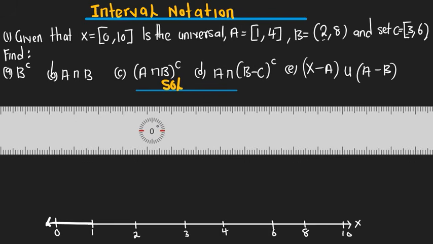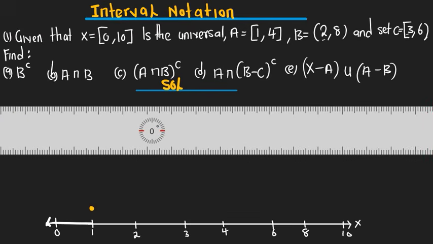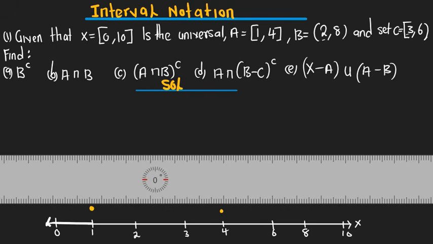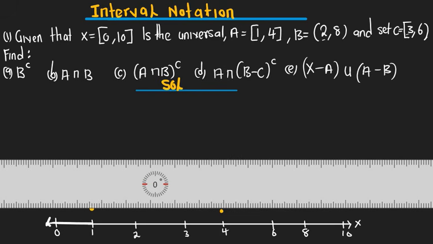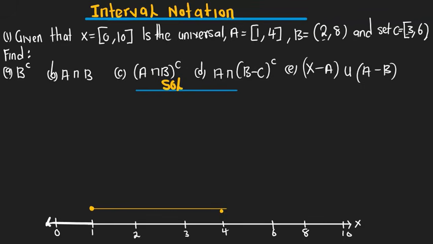We are closing the circle at A at 1, and also closing the circle at 4. Very good. So this becomes our set A.